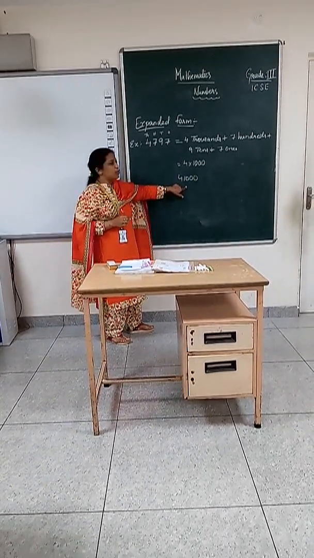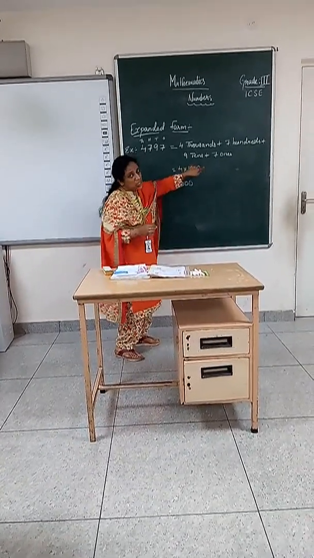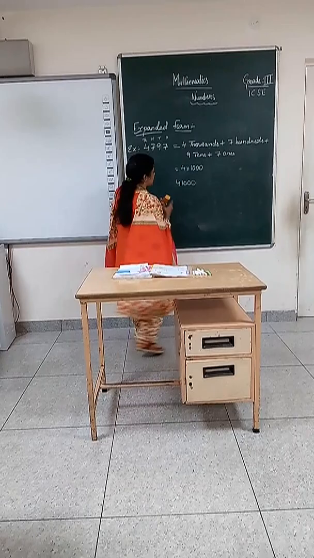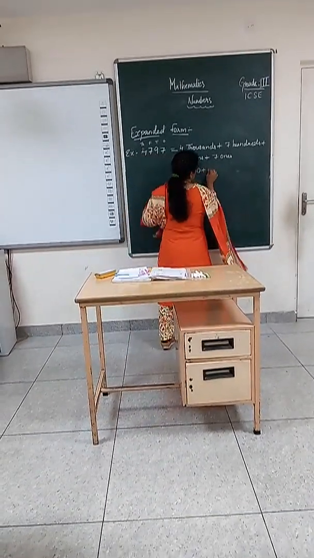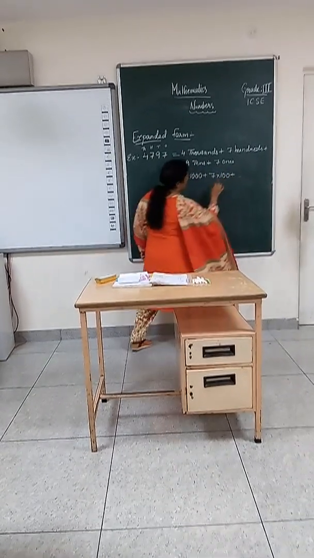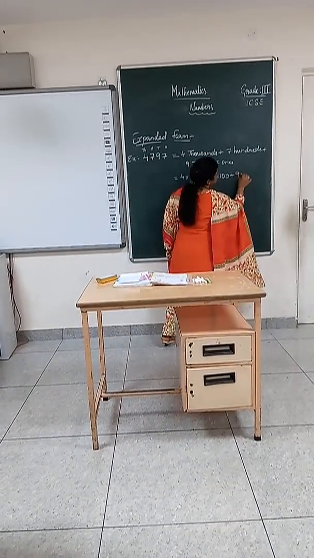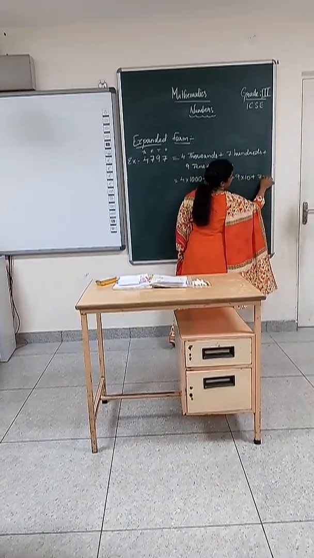You need to be very careful while writing this. So while writing, you have to write 4 into 1000. So then let us continue. Plus 7 into 100 plus 9 into 10 plus 7 into 1.